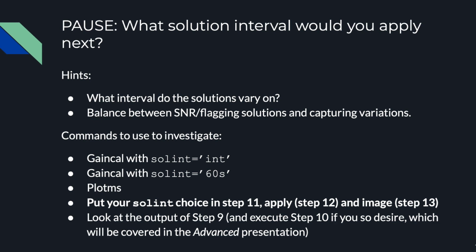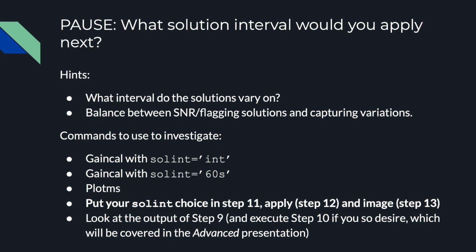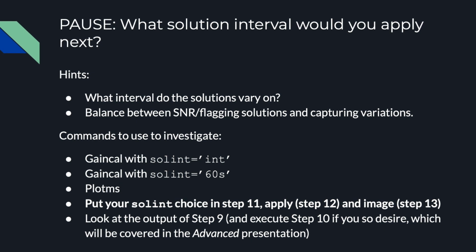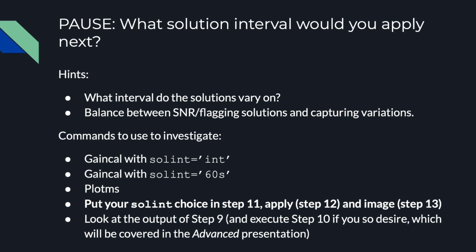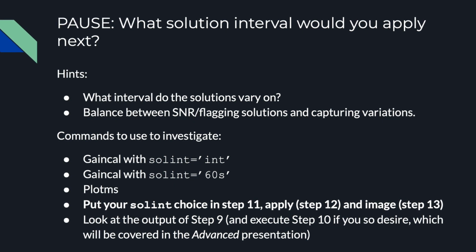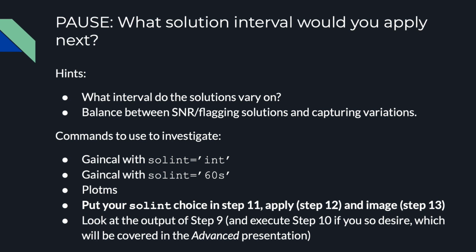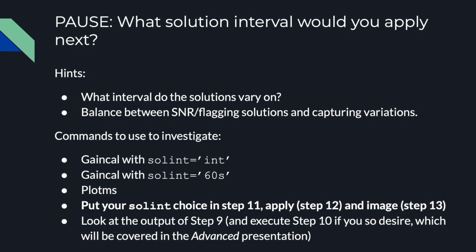So you can use the script that was given, the iTrain self-cal.py, and feel free to modify it. We suggest that you explore and compare when you use solint interval int, which is the duration of the integration time, compared to, for example, a 60-second interval.